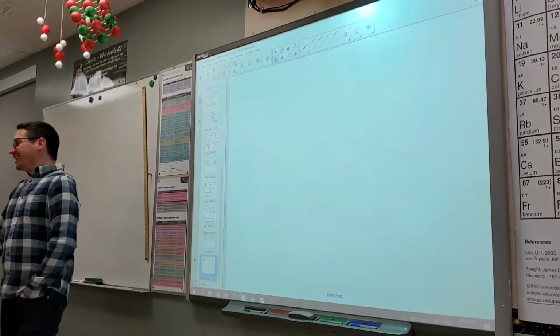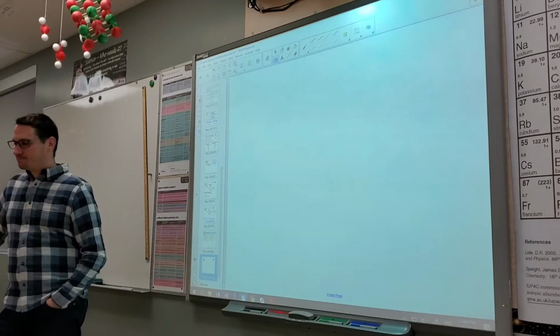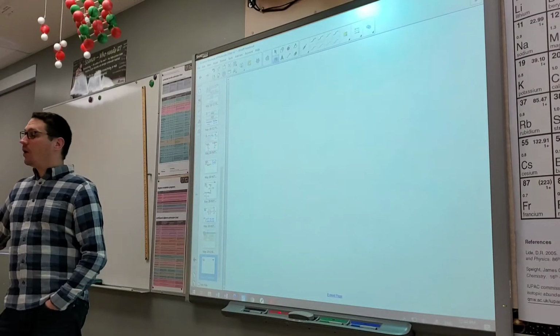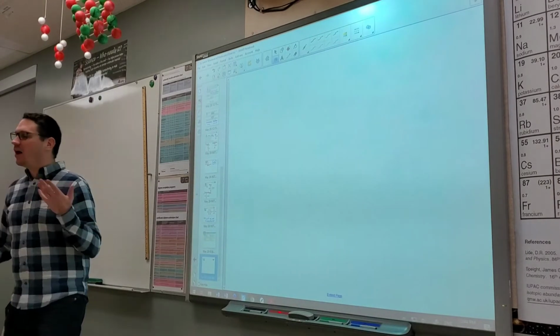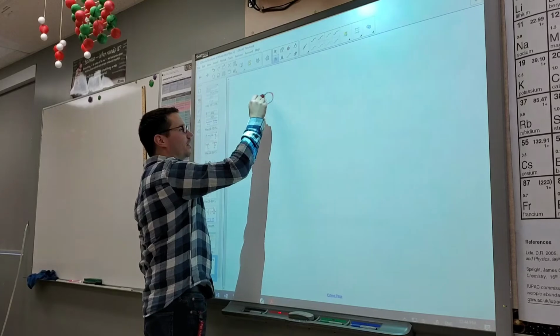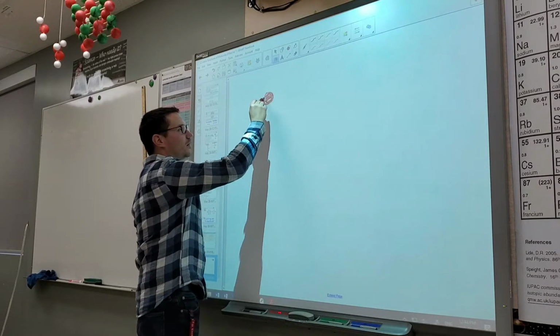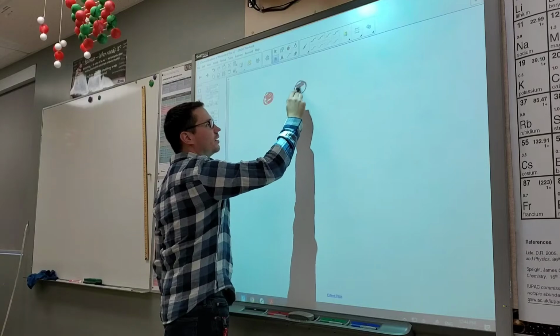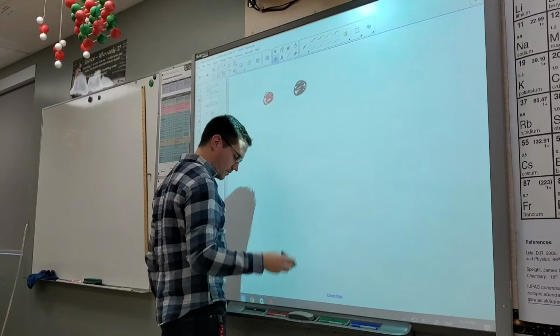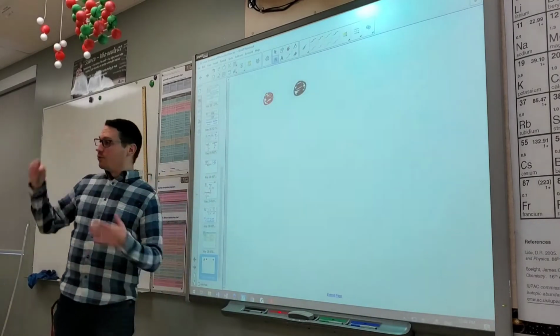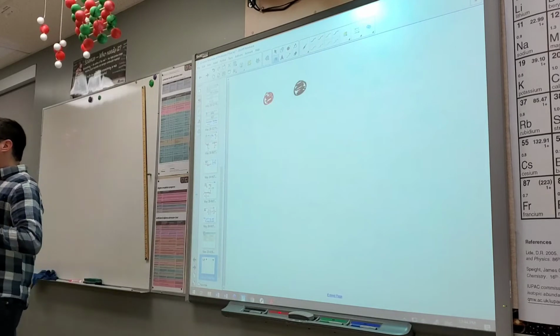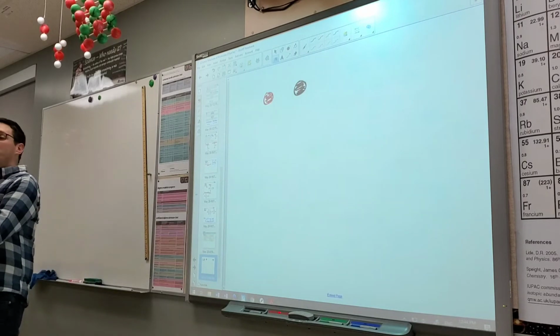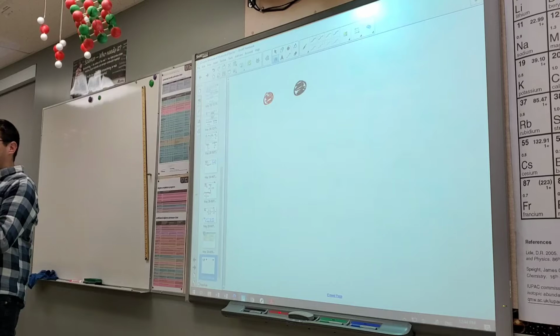Okay. Let's try this. How is it possible if I've got one atom here and another atom over here, remember the center of these atoms, what kind of charge exists at the center of an atom?